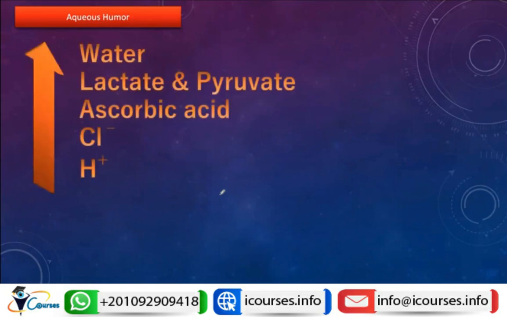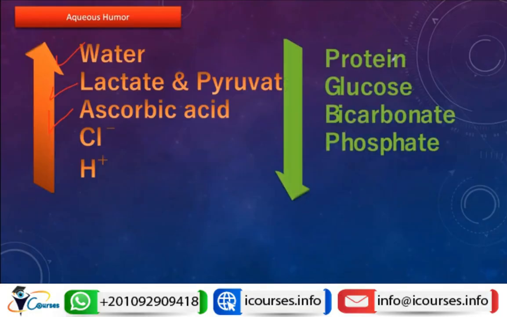To summarize, what are the things that change in the aqueous humor? Water will be about 99%. Lactate and pyruvate will be more due to waste products coming from the lens and the cornea. Ascorbic acid will be 50 times more, as it is one of the main antioxidants within the lens. Chloride and hydrogen will be diffusing passively, as we will see later on. The protein content is decreased, but not absent.